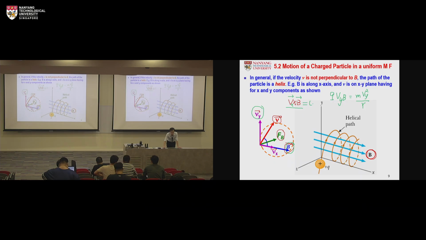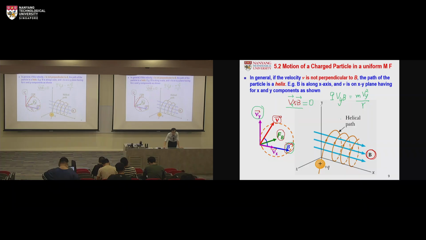This is going to be 0, right? That is to say, if you only have this Vx and B, there's no force on this particle. There's only an initial velocity of Vx, and no other force. So what kind of motion will you have? It's just a linear motion with constant velocity Vx, right?